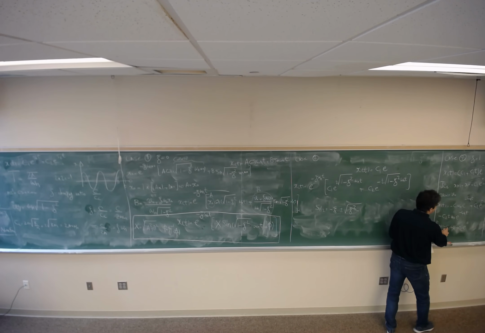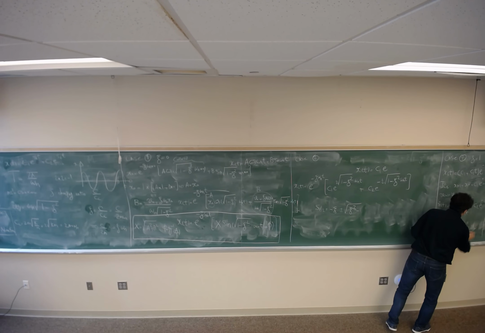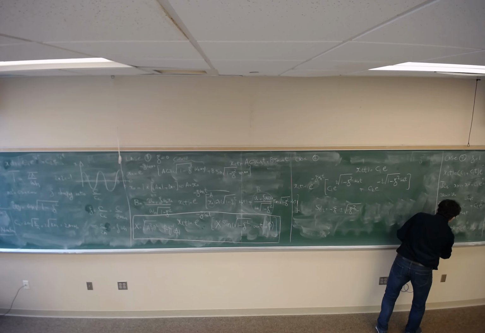So C1 is x naught. I can solve for C2. C2 would be v naught plus x naught omega n divided by 1, which is going to be this.